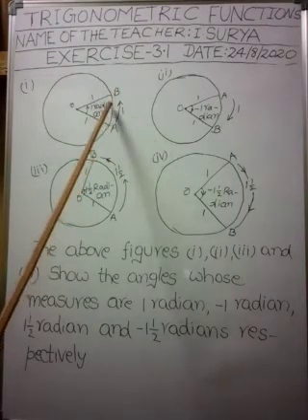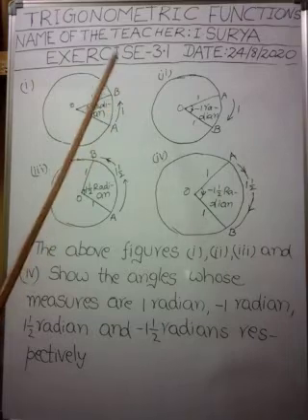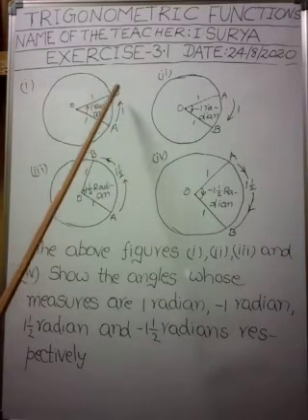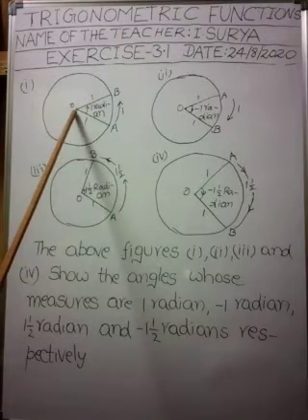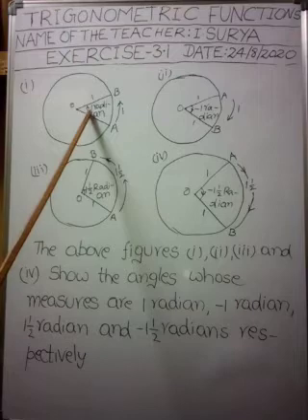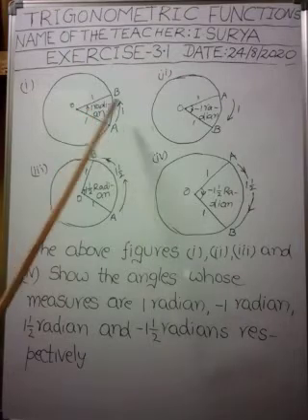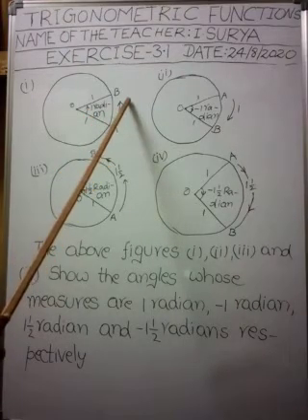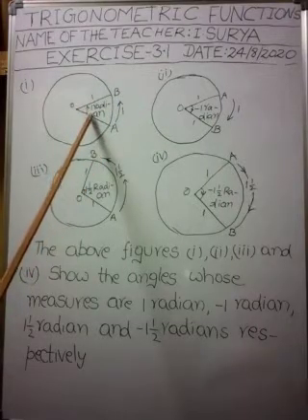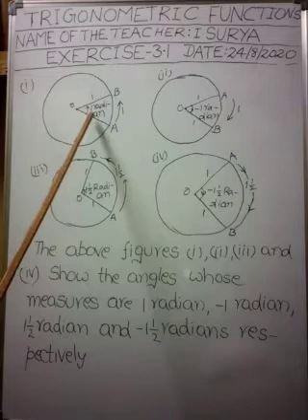So this arc is subtending some amount of angle at the center of the circle. This amount of angle is said to be 1 radian. And here the direction of the rotation is anti-clockwise, so we measure it as positive. Understood these points, my dear children?